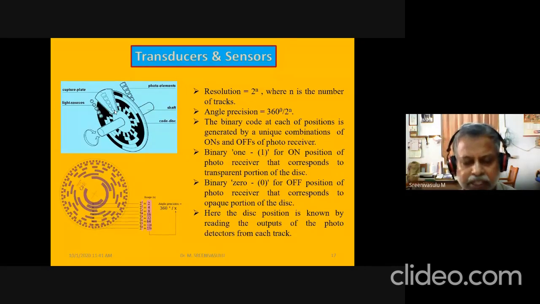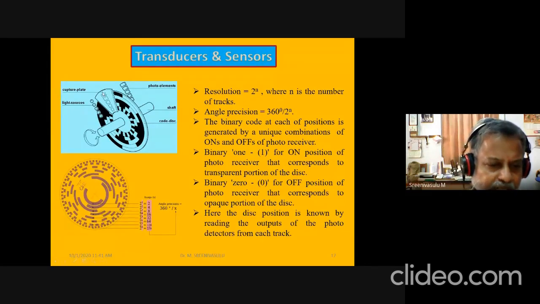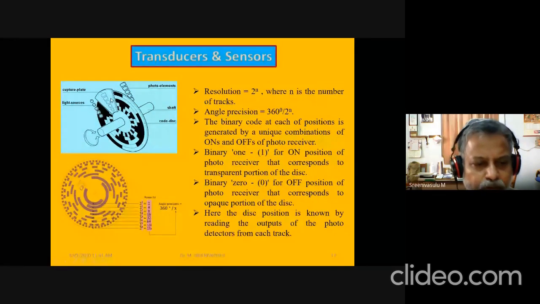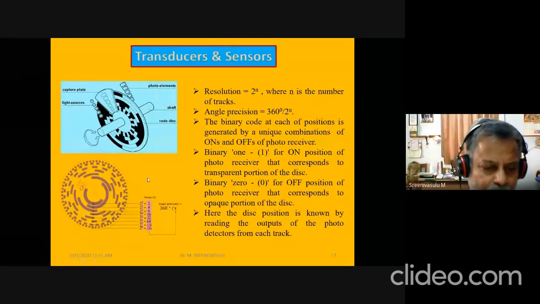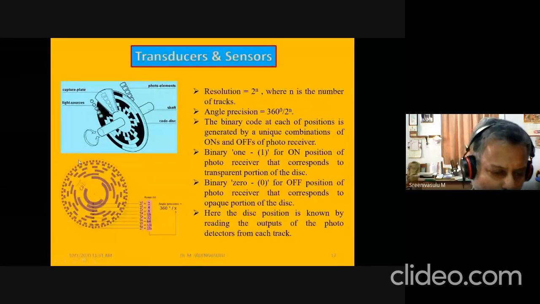You can see here in a radial direction itself, in this figure there are 5 slots, meaning 5 light sources are there, and 5 receivers are also there. So this particular disc is going to have many slots like that.